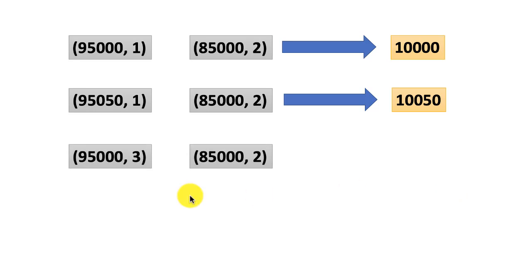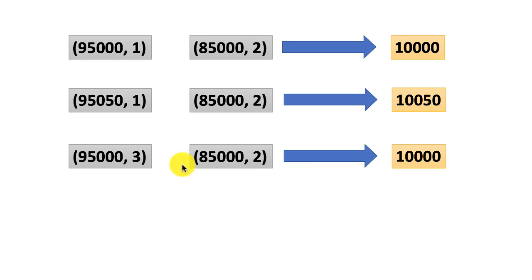Okay, now let's do one thing. Let's change this from 95,001 to 95,003. That's a huge increase in the number of cars. Now if you calculate the distance, it's still coming out as 10,000. That means the huge increase in the number of cars didn't make any difference in terms of the distance.